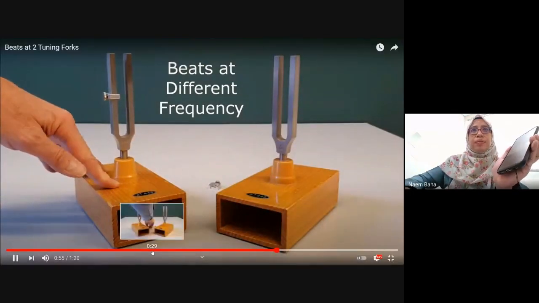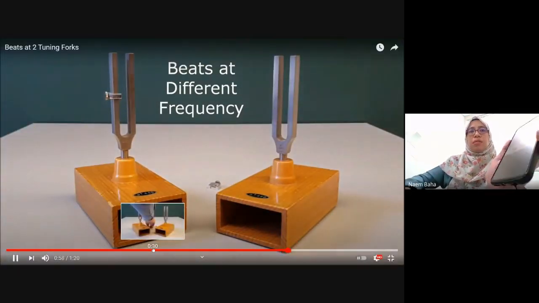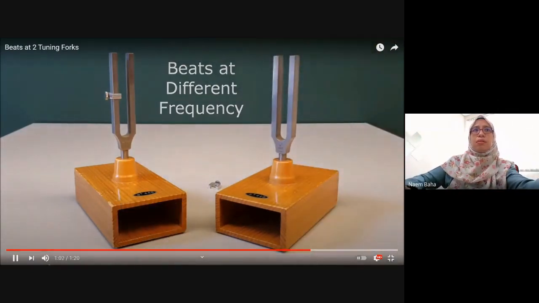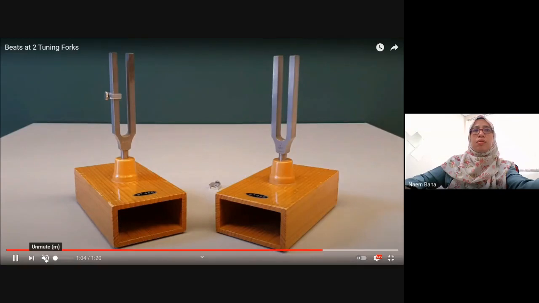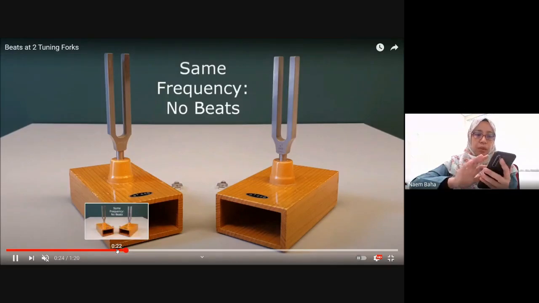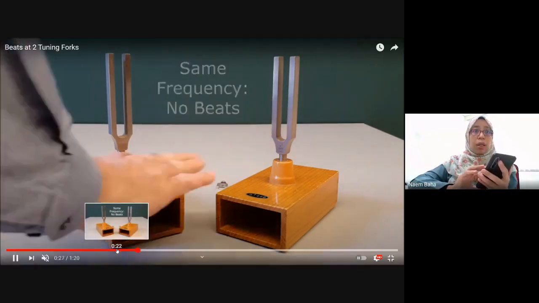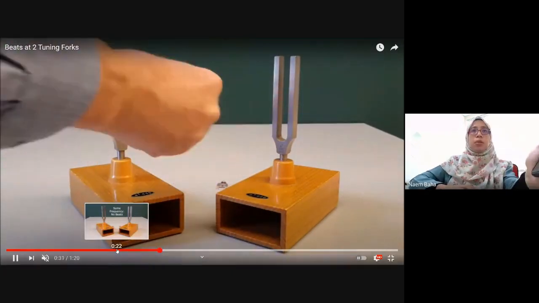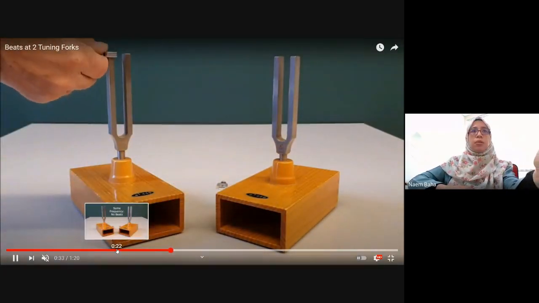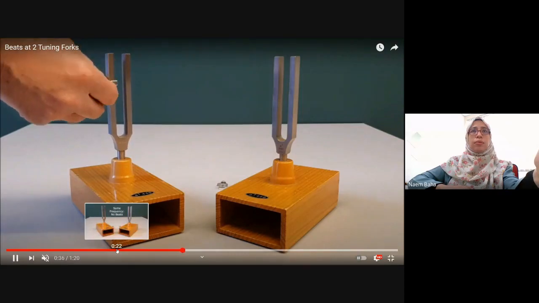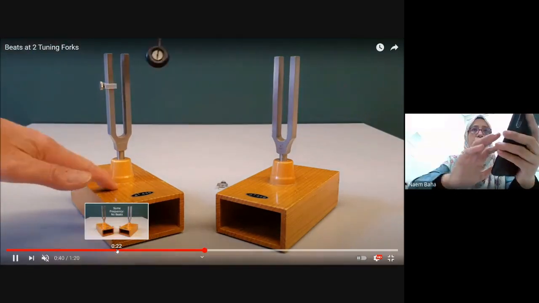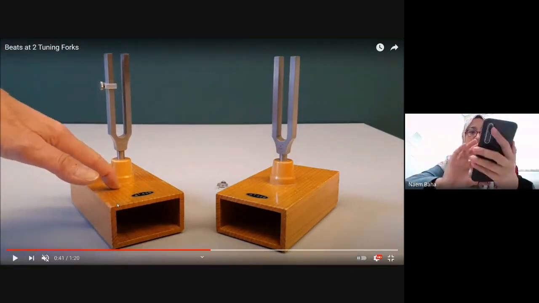Right. Okay, let me go over again. Okay. The time is 0.22. Hold on, it's not synchro. Okay.